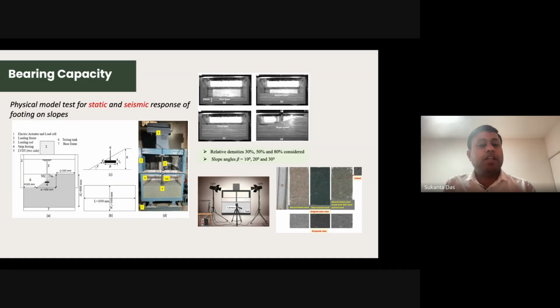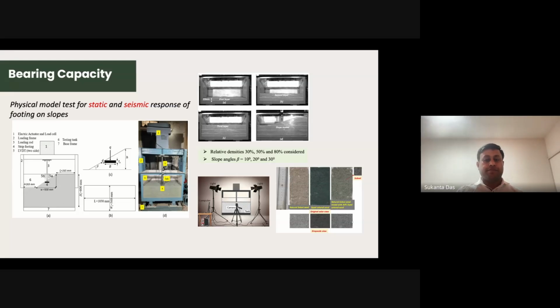Then we tried to see the mechanism and the load settlement curve, because we placed an LVDT and an actuator. We measured the load from the actuator using a load cell, and the LVDT is typically for settlement. So basically we can get the load settlement and the failure mechanism in detail to understand the physics from the experimental model test.